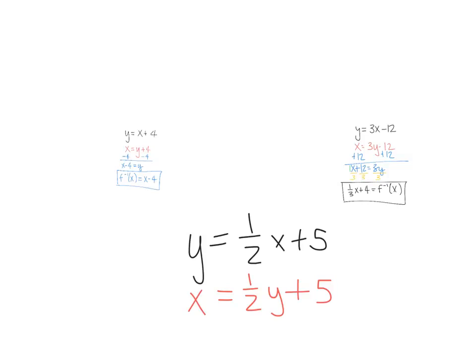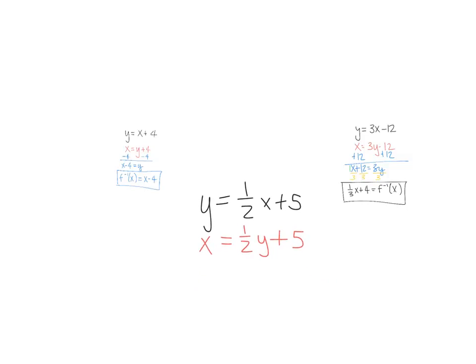Okay, so then if I'm ready to resolve, what do I do now? Subtract 5 from both sides. So I'm going to minus 5, and I get x minus 5 equals 1/2 y. Mathematically, what do I do to get rid of that 1/2? Multiply by 2.